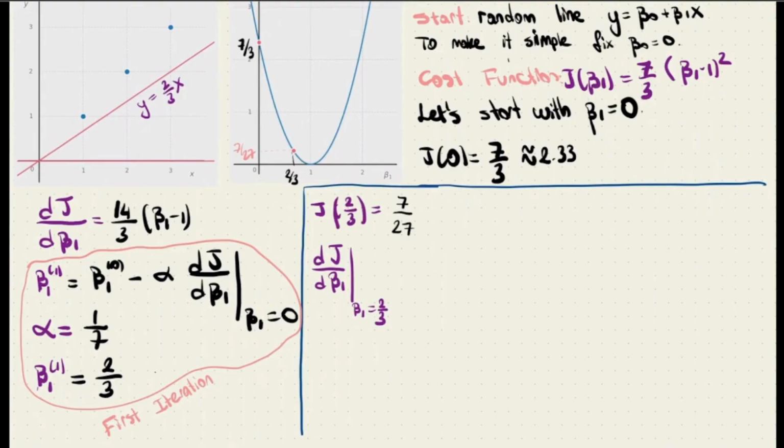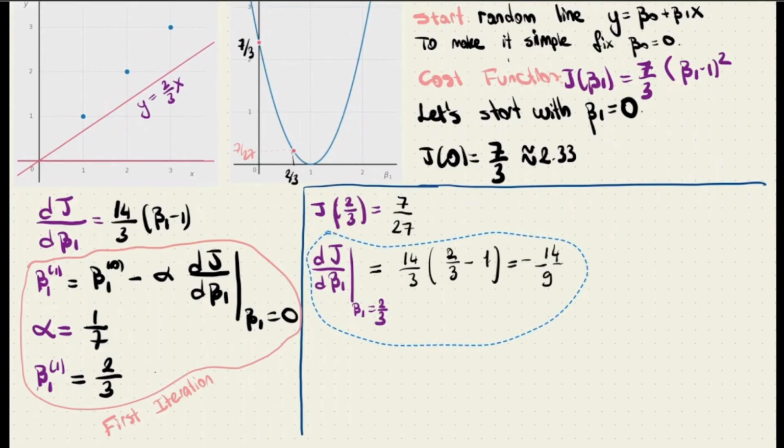So we calculate the derivative. We plug in 2 by 3 in this formula. So we get 2 by 3 minus 1, which is minus 14 divided by 9.